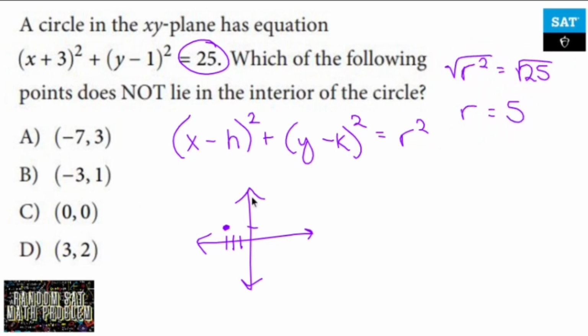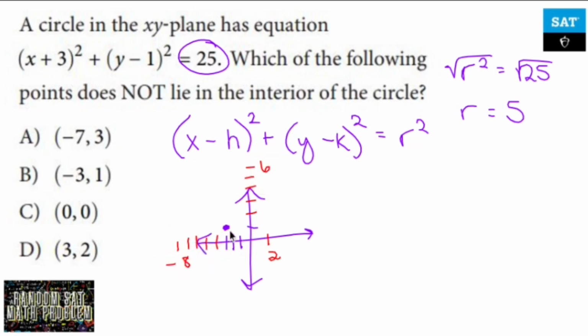So let's get a different color. My radius going to the right is going to go all the way out to 1, 2, 3, 4, 5. It's going to go all the way out to 2. Since I'm at 1, my radius going up is going to be up to 6. Going to the left, 1, 2, 3, 4, 5, so left to negative 8.